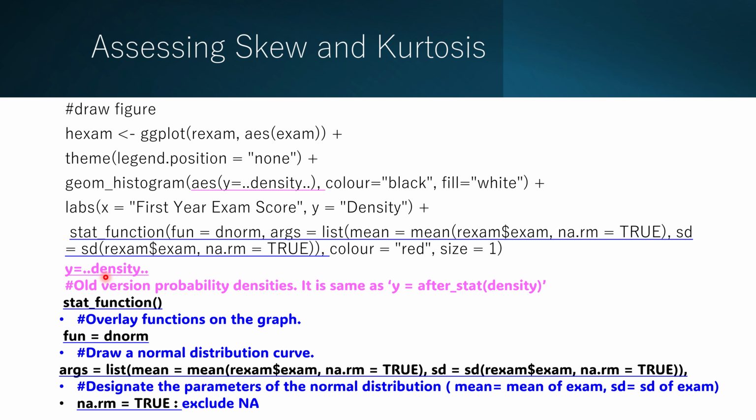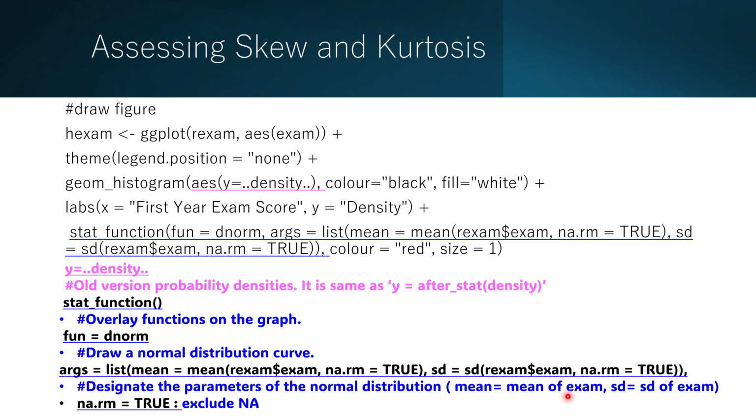This part is by density. This is the overlap, the density curve. Overlay the density curve. The function is the normal distribution curve, and args equal list, mean equal mean and so on, designates the parameters of the normal distribution.